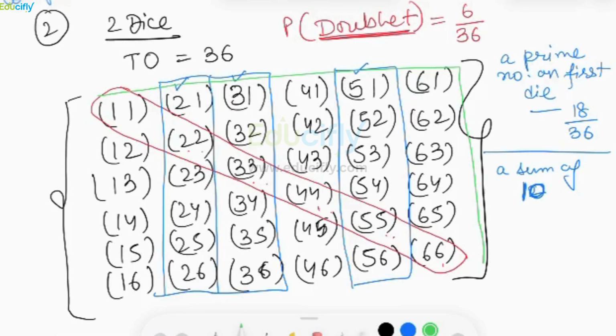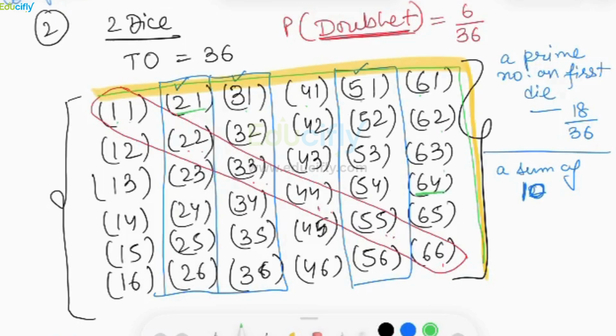Do not clutter your mind while writing your solutions. Just go on with the few things that look easier for us. This line, and then go with this line, right? So let's take, if I'm saying a sum of 10, right? So this will give you 2, this will give you 3, 4, 5, 6, 7, 8, 9, 10.